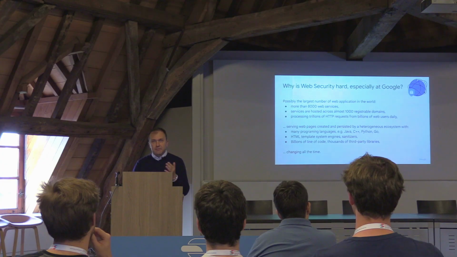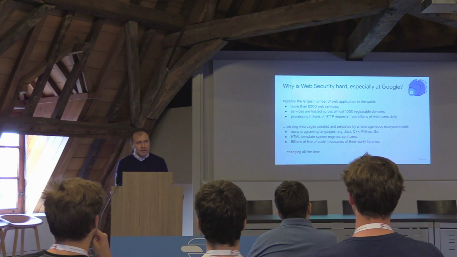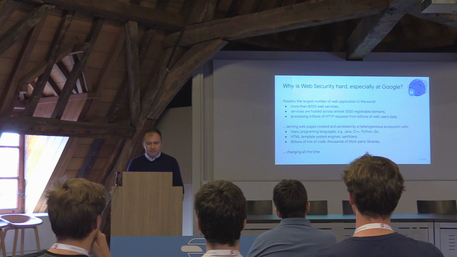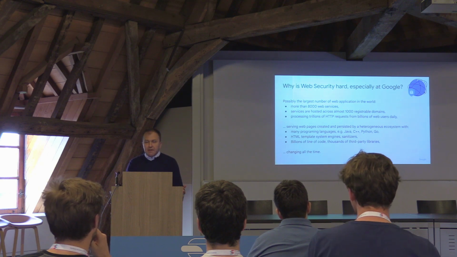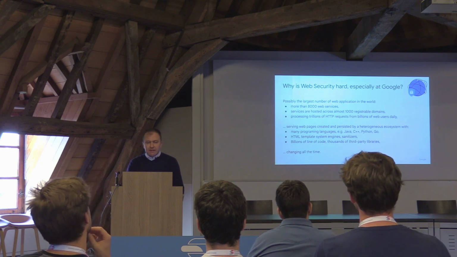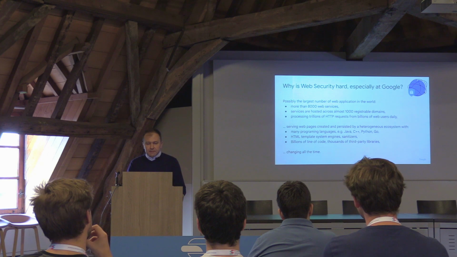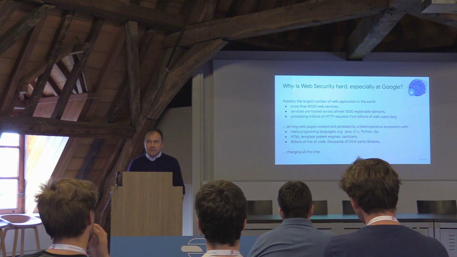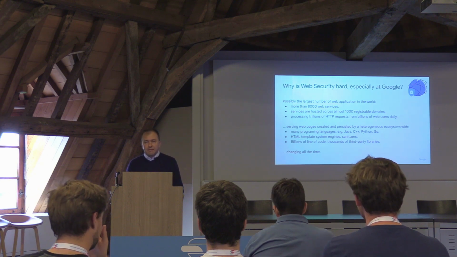The web services serving those trillions of responses are pretty heterogeneous. So we can see services implemented in Java, C++, Python, Go. They use different HTML templates, different engines, different sanitizers. There are billions of lines of code, thousands of third-party libraries and other dependencies.